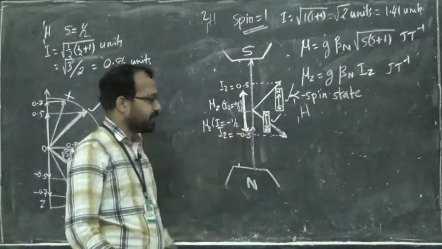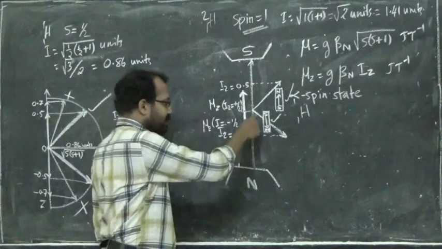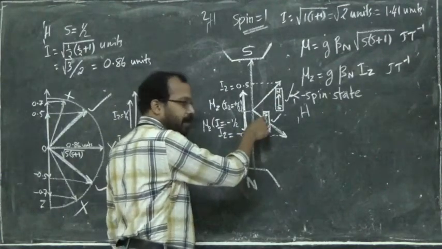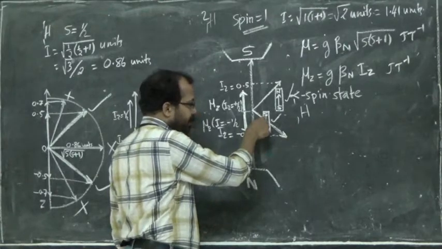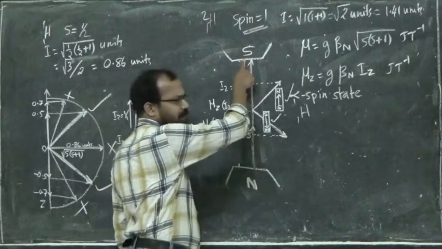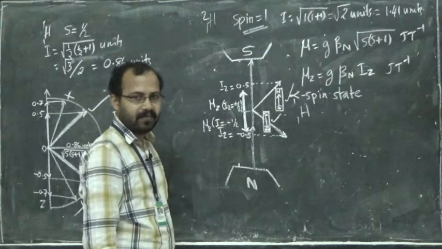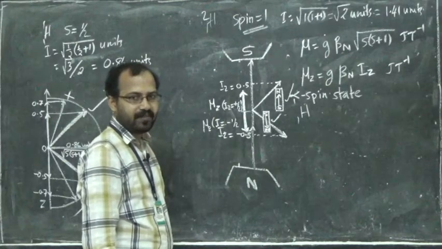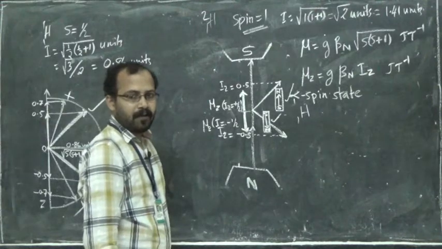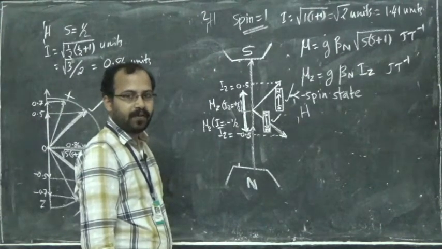But look at the second arrangement. The south pole of the tiny nuclear magnet is near the south pole of the external magnet. That is very bad, too problematic to sit like that.